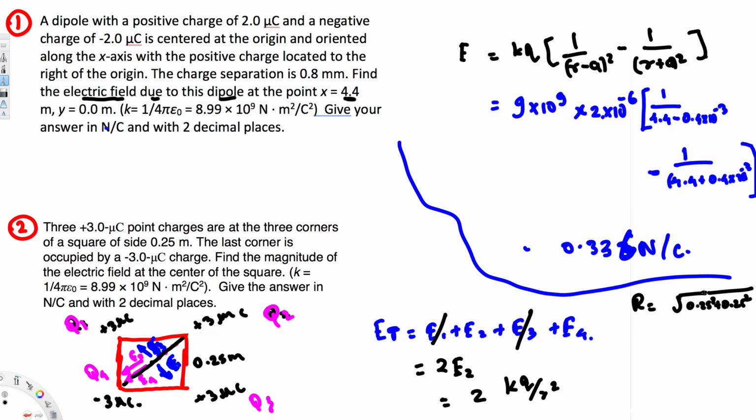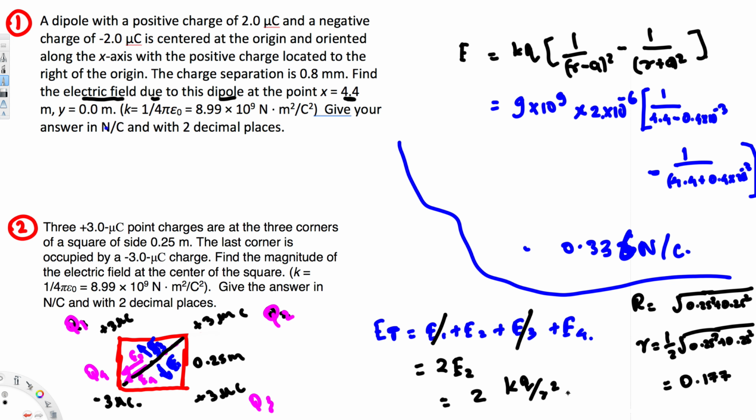That's the diagonal, but we want the midpoint only, right? Midpoint means half of this one. So small r is half of the square root of 0.25 square plus 0.25 square, and if you calculate this one, that's going to give you 0.177.